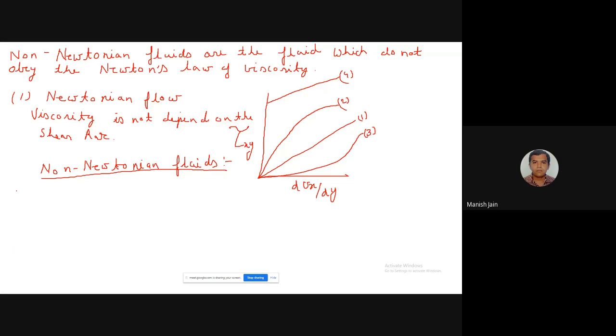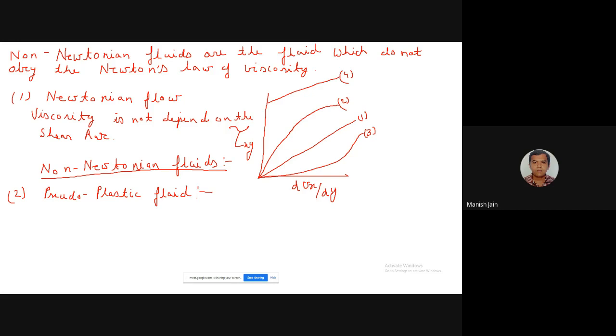The second curve represents the pseudoplastic fluid. So what is the pseudoplastic fluid?